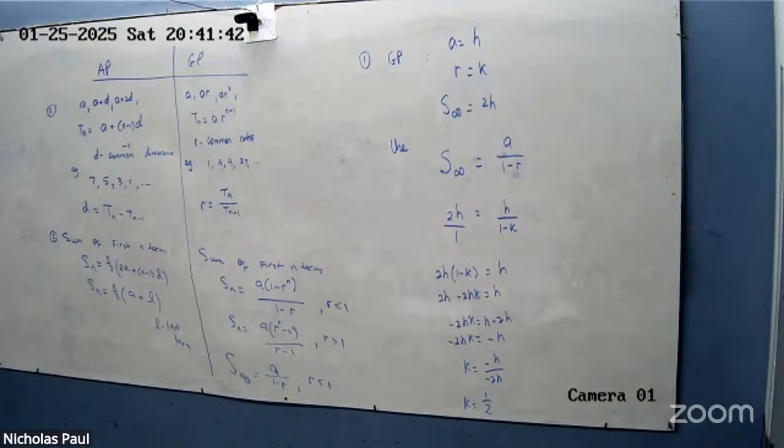Whenever you have two unknowns, most times they'll get simultaneous equations.